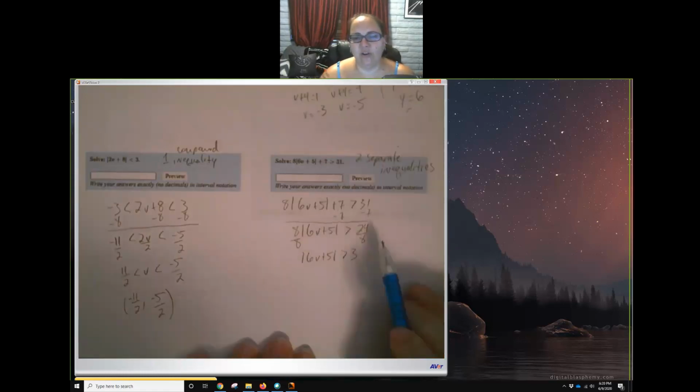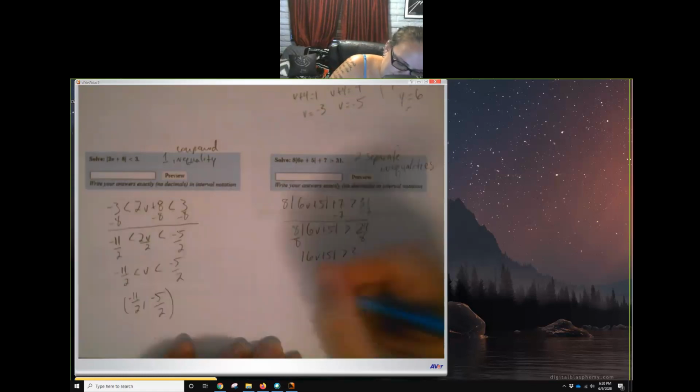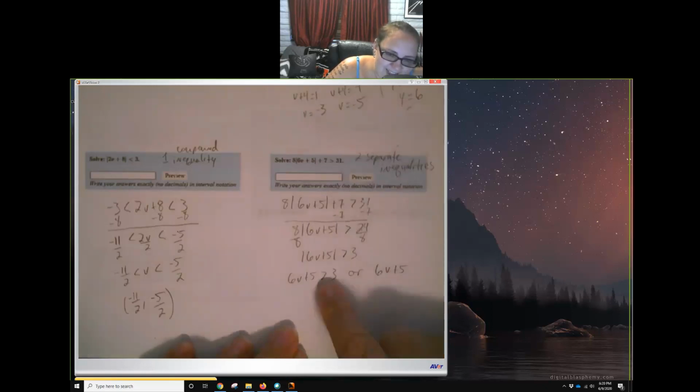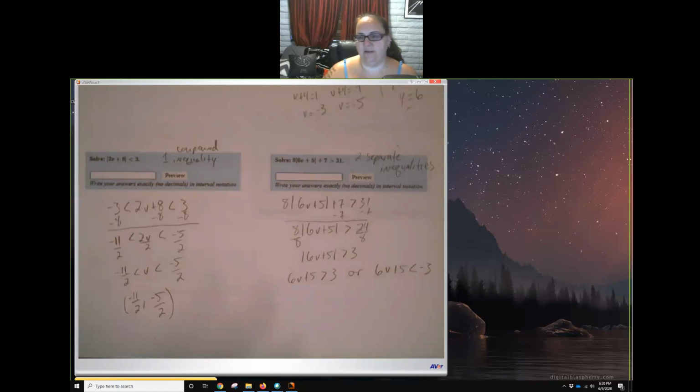So now what you're going to do here is say that either 6v plus 5 is greater than 3, or 6v plus 5, you flip this sign and you flip this sign, so is less than negative 3. And then you solve each one of those individually.